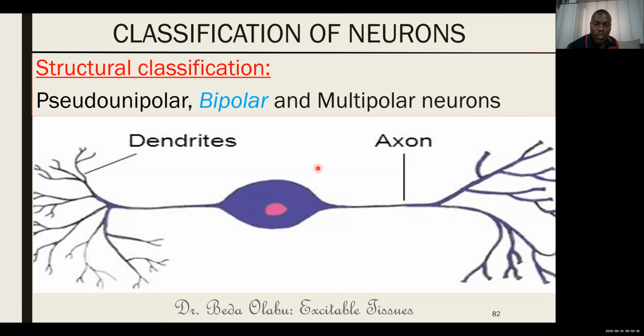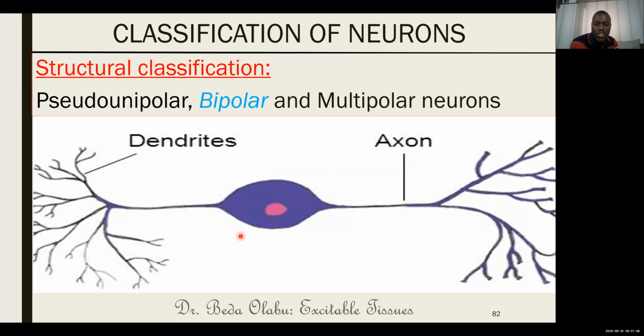We've also talked about bipolar neurons, that they have 2 processes, one being dendritic and the other being axonal. Bipolar neurons are also primary sensory neurons, but they'll be primary sensory neurons from receptors of special sensations, such as the retina, which is the special sense receptor for vision.